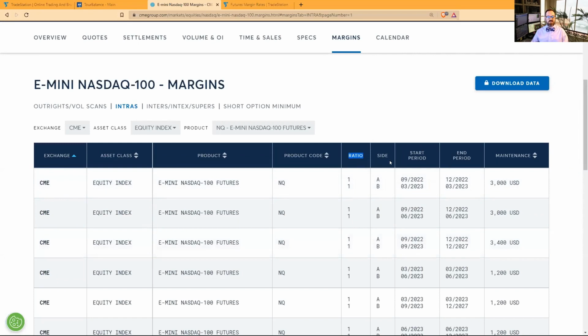You can see ratio and side. Ratio is your delta. You need to do 1-to-1 in this case. Some of the contracts are 3-to-2, 6-to-5. And the reason why you're doing that is to balance out the volatility and the tick movement of those securities. So that way, if both securities go up or both securities go down, you don't make or lose anything. It's the difference in the way they move that makes you profits or losses.